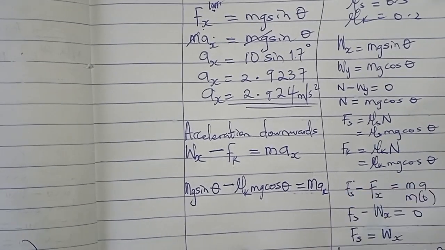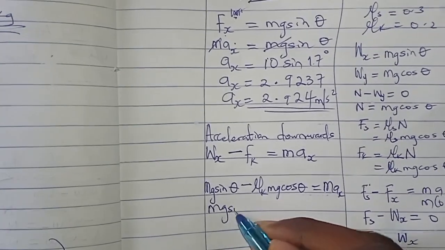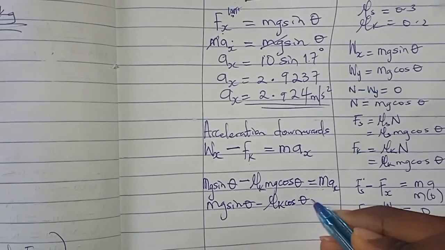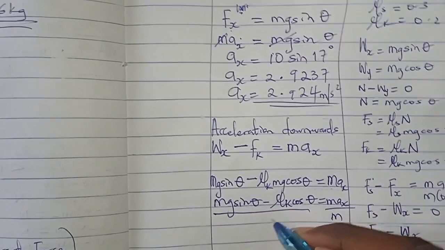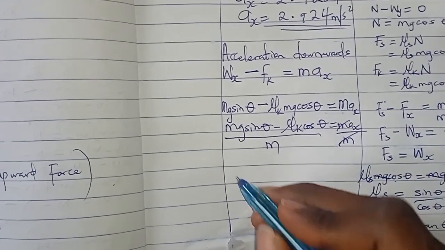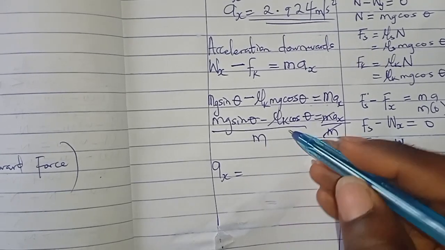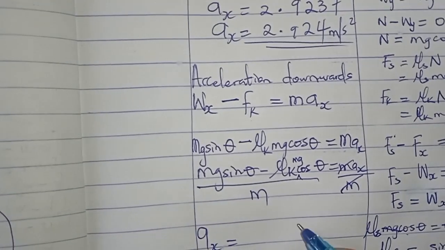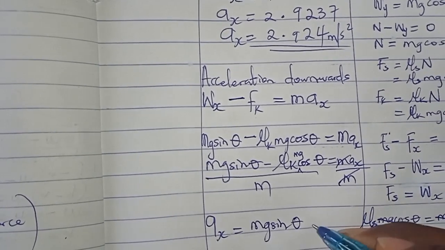So if you do the simplification, you now have mg sine theta minus the kinetic friction term. Remember that there's mg here, so the acceleration on the x-axis will be equal to g sine theta minus mu k g cos theta.